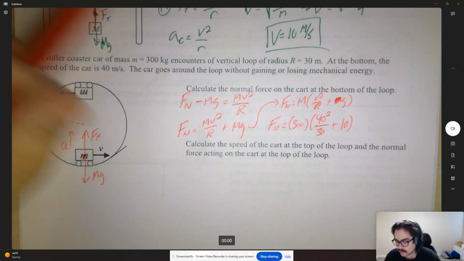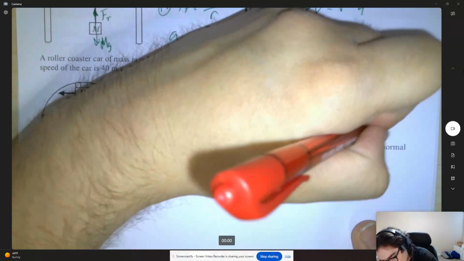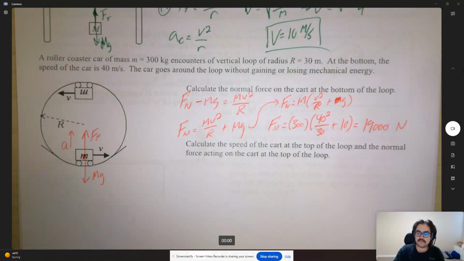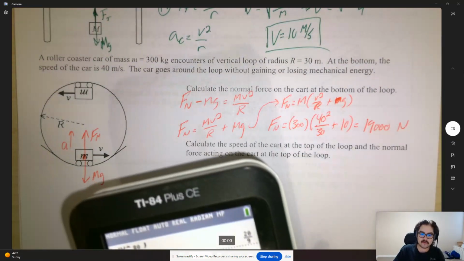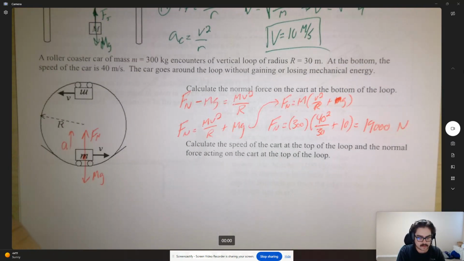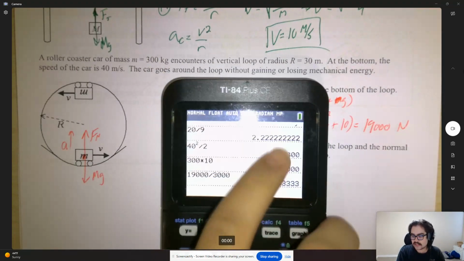If you punch all that into your calculator, you should end up getting about 19,000 newtons. So that's your normal force, right? And the weight of the cart is about 3,000, because it's 300 times 10. So 19,000 divided by 3,000 is about 6.3 Gs.